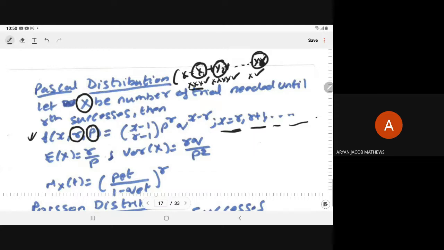So here it is r of them, and the sum measures the number of trials required to get the r successes.